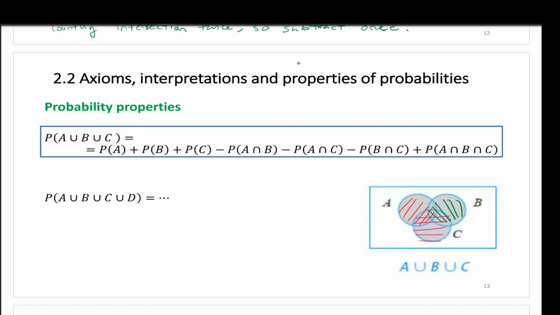So I subtract A intersect B, which is right here, once. I subtract A intersect C, which is here.